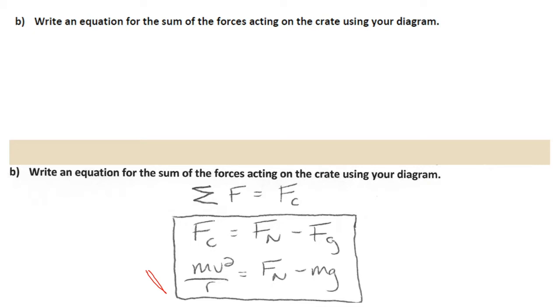It follows the rules for the regular free body diagrams as we used to discuss those as well. We take ma, which in this case happens to be mac, and we set it equal to the forces going in the direction of the acceleration, which here is centripetal acceleration, so it goes toward the center of the circle, and then we subtract the forces going in the opposite direction. Take a second to pause this video here and correct your work if you need to, and when you hit play, we'll move on to the next part.